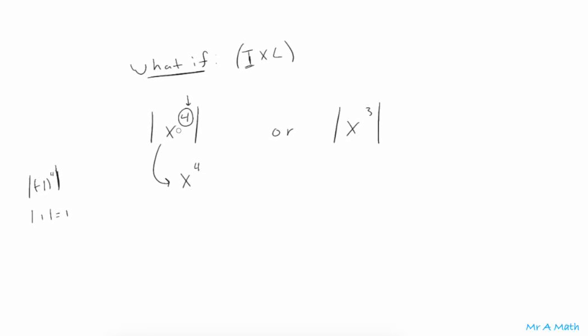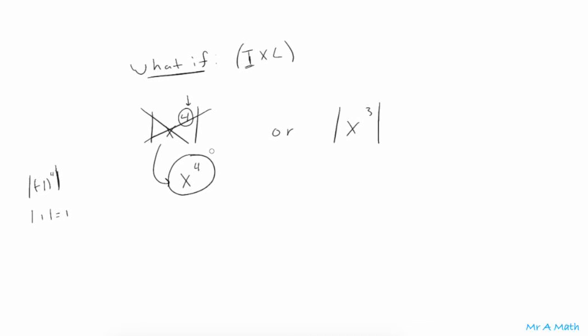So no matter what I plug in here, this is going to get me a positive answer. In other words, the absolute value symbol that I have here is actually not needed. We can make our answer just x to the fourth. So if you're using IXL or some other online answer and it is telling you that the absolute value is not what it's wanting, even though my video was telling you to do the absolute value symbol, consider maybe you had an even exponent in your final answer.